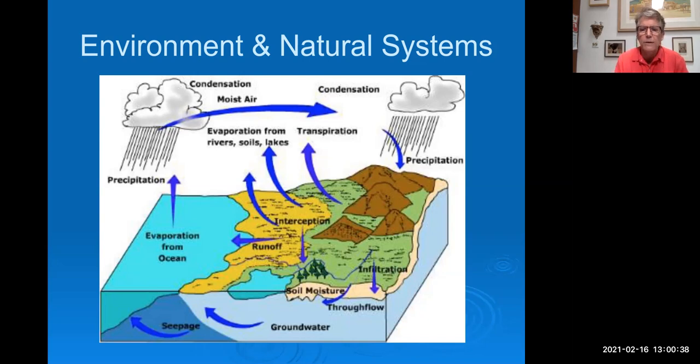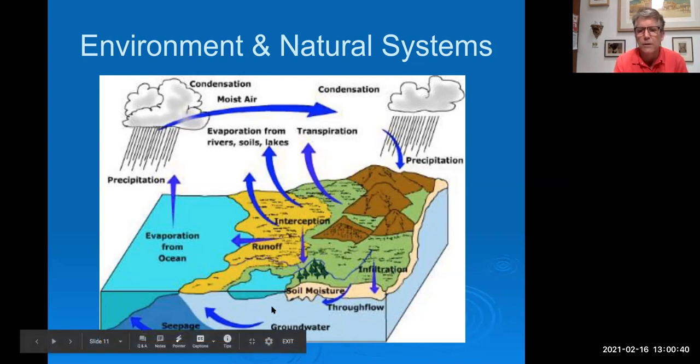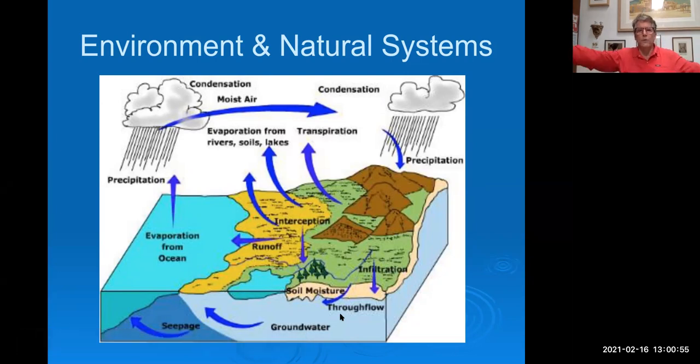As the water is traveling down, you can see underneath here is what's called groundwater. And then there's seepage under that. The seepage, I believe, is coming in from the ocean. But the groundwater is just when the water moves across the land, it tends to be absorbed and percolate down. Again, water is always trying to go down.